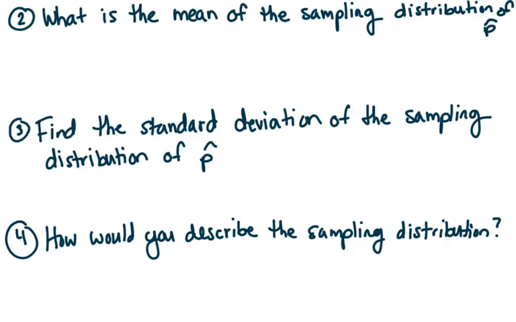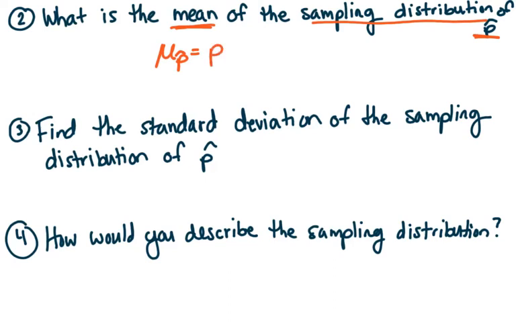So part 2, it says, what is the mean of the sampling distribution of P hat? So I'm looking for the mean of the sampling distribution of P hat. And so the mean for that, we already said that it was a normal distribution. So it's just going to be whatever P was.